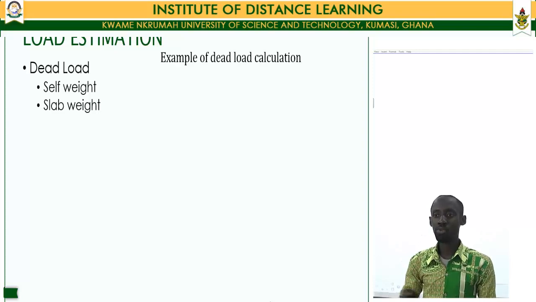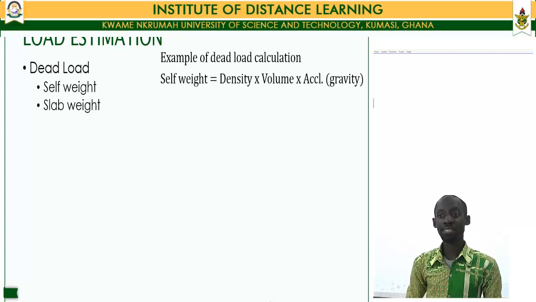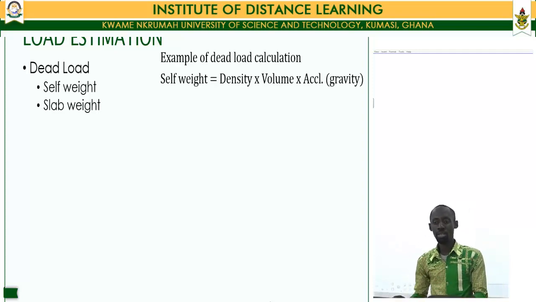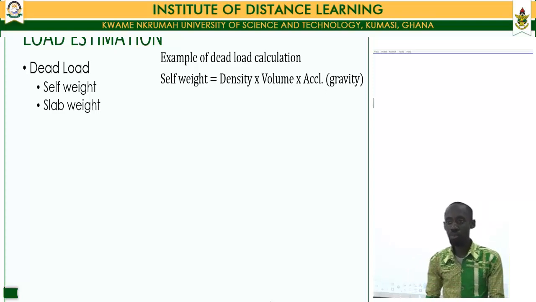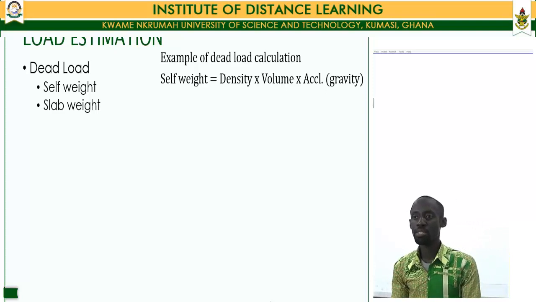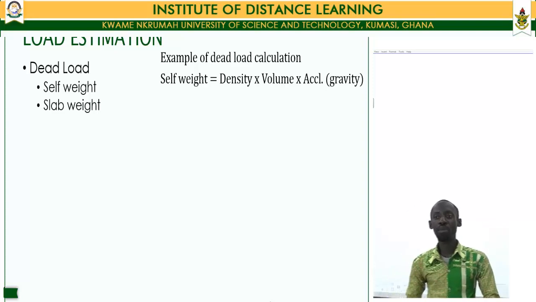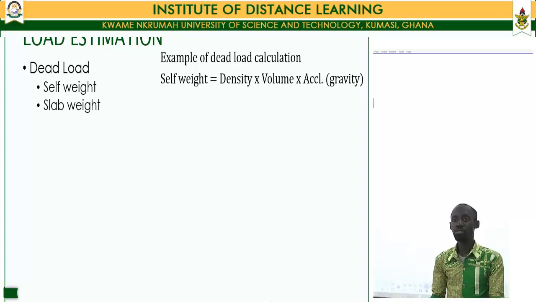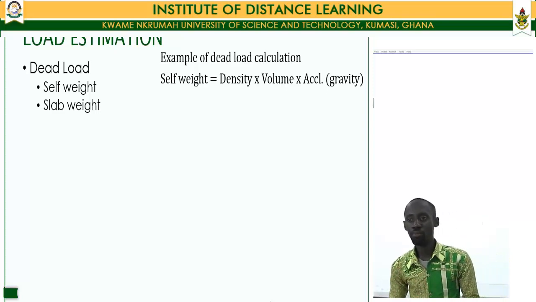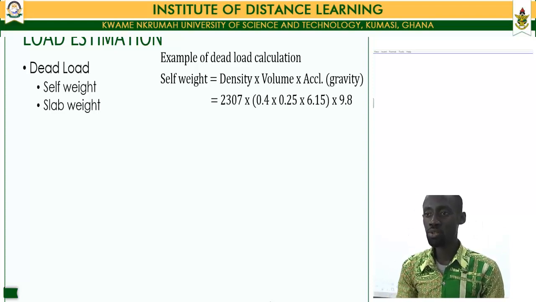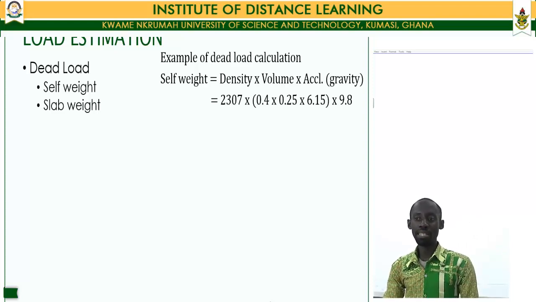And again, just as we did under the slab design, our self-weight is found by multiplying our density by the volume by the acceleration due to gravity. Once I multiply my density by volume by acceleration due to gravity, it gives me the weight of the element I am designing for. So for our density, we just saw our density to be 2,307.